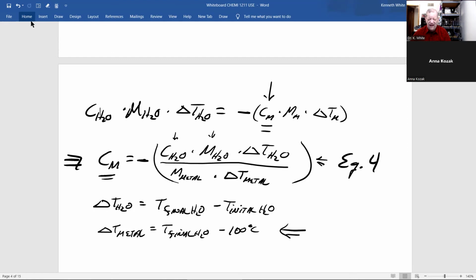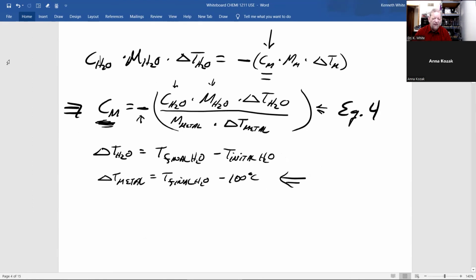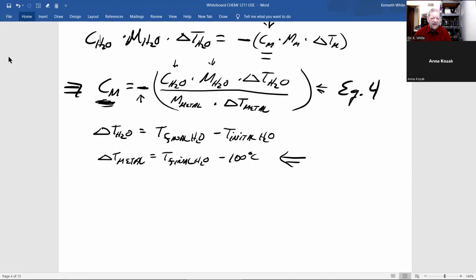This is going to be a negative number, which is why we multiply that times minus 1 to get a positive number, which this always is. So don't forget this minus right here, and this is going to be negative. If it isn't, you made a big mistake. Trust me, it's going to be less than 100, the final temperature of water.